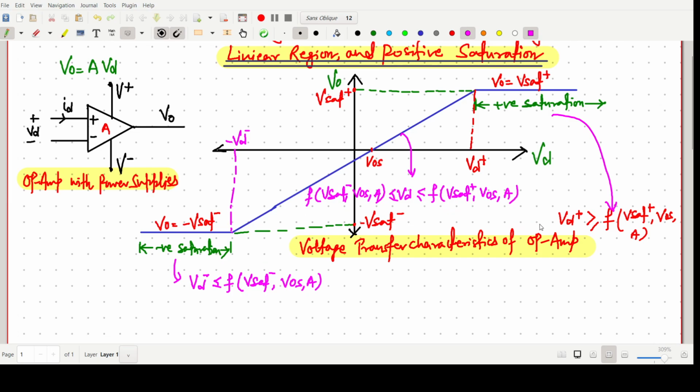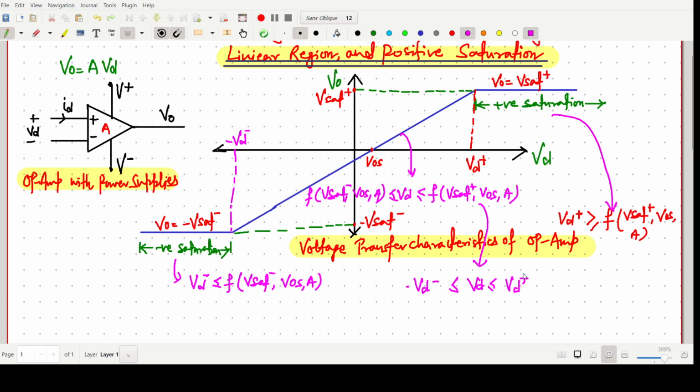The Vd value will lie in between this one to this region, that is, Vd plus to Vd minus.